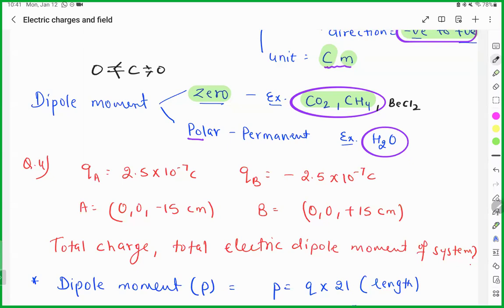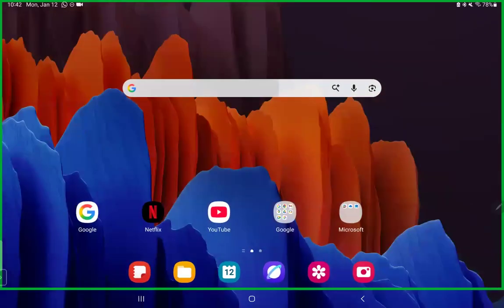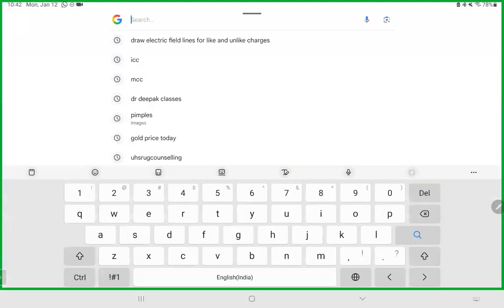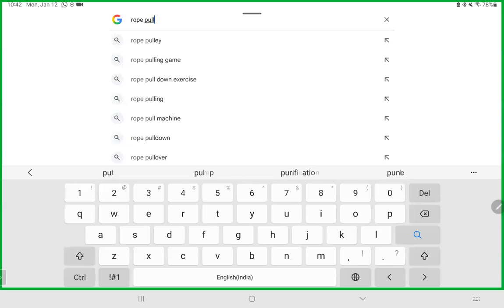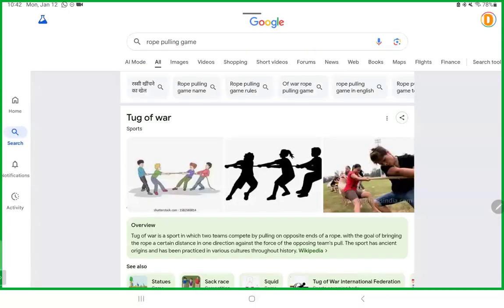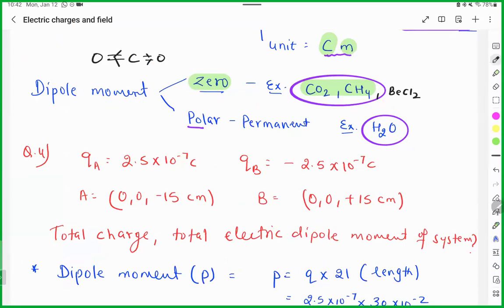What is the name of this rope pulling game? The tug of war. Correct. So if both are exerting the same force, net movement will be zero. That is zero dipole moment.